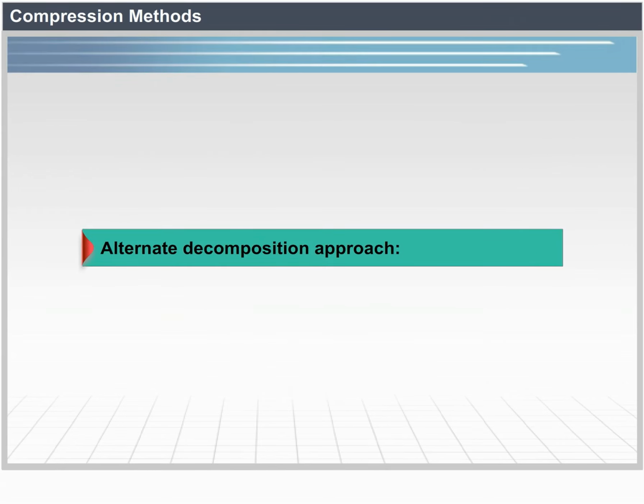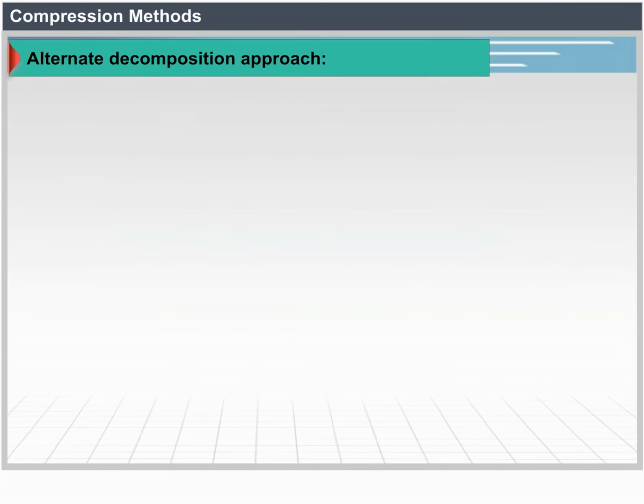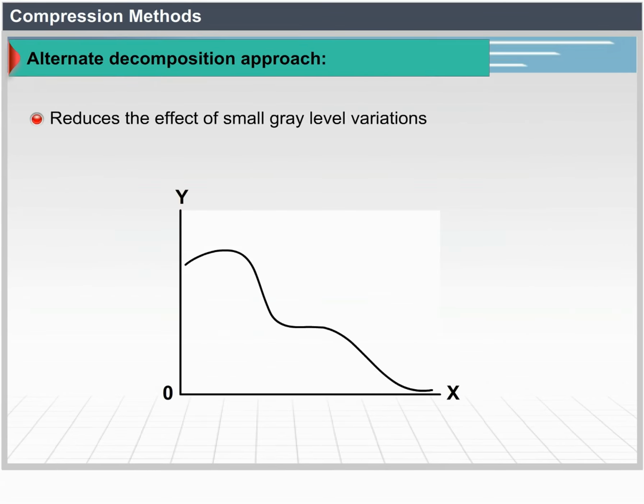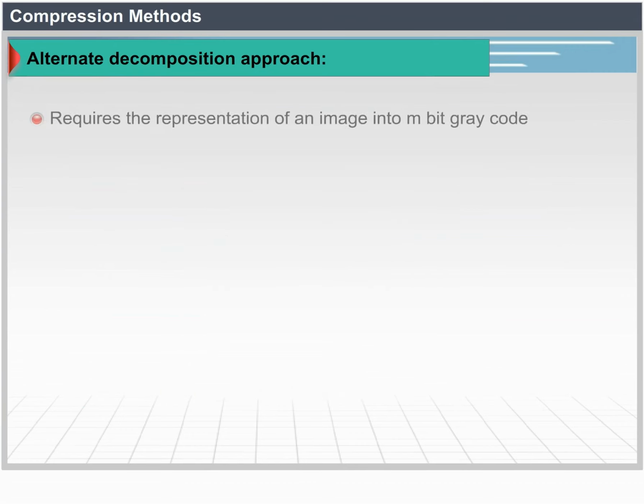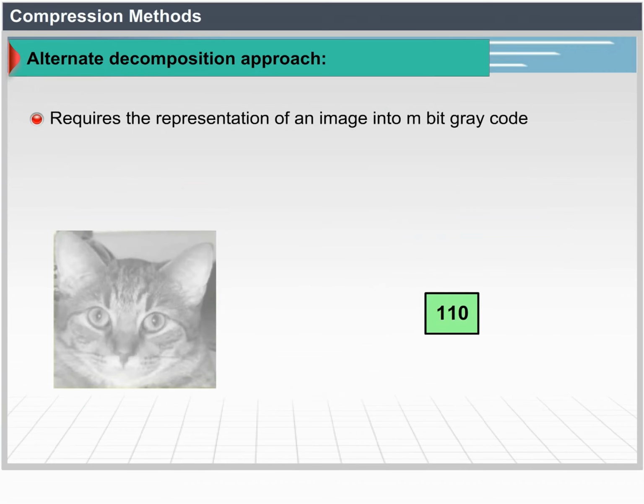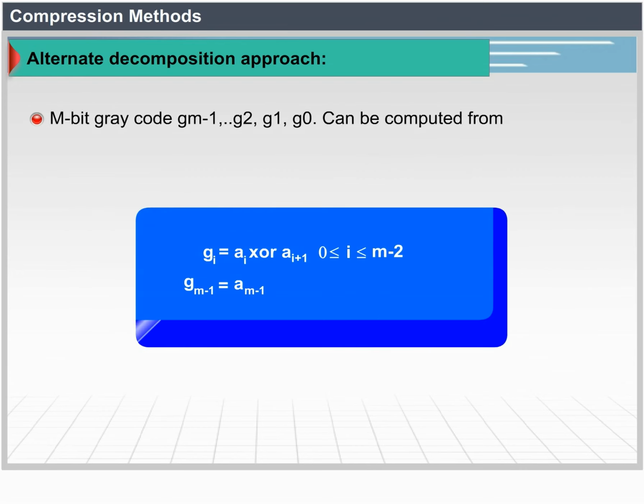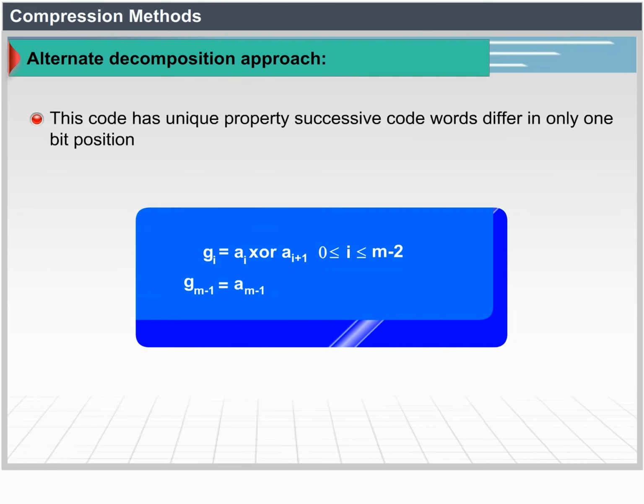Alternate decomposition approach reduces the effect of small gray level variations and requires the representation of an image in m-bit gray code. The m-bit gray code g_{m-1} ... g2 g1 g0 can be computed from the equation shown on the screen. This code has a unique property in that successive code words differ by only 1 bit position.